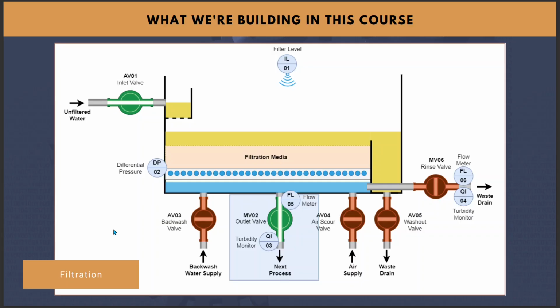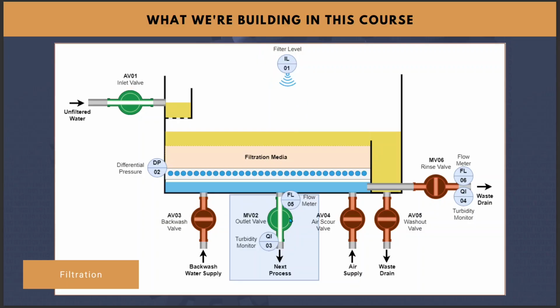In the filtration state, we have an inlet valve open, passing unfiltered water into the filter. And we also have the outlet valve open. And there's other requirements that aren't pictured here, such as monitoring of the level.